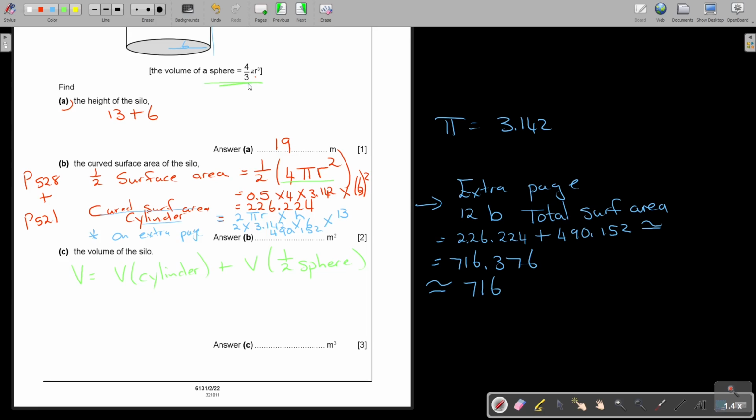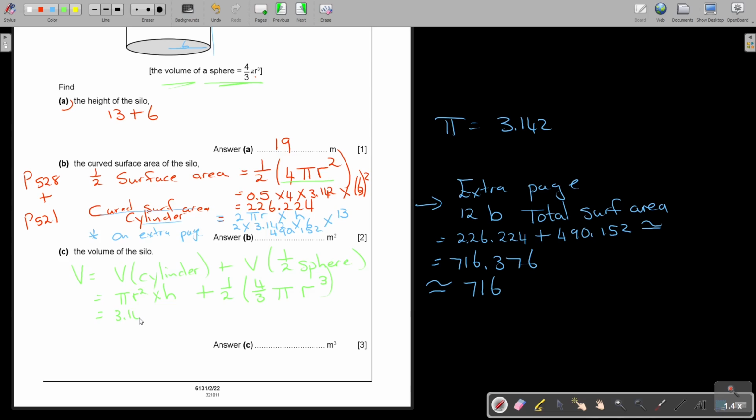But the cylinder they will not give, because it's area of base times height. Easy also to remember. Now this one is nice because they gave it, and it was 4/3, pi, r to the power of 3. And now I just simply put it in.